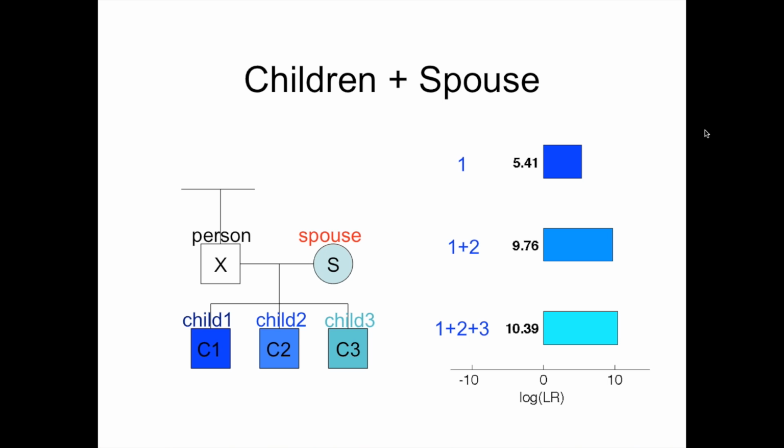Now, what happens when we add a spouse? When a spouse is added, there's more likelihood information. Without the spouse, we only have information from 1 parent, but with the spouse, we have information from both the unknown person's position X and their parents, which in this case is the population, together with the spouse information, and that gives a much more definite likelihood function for inferring the children, and therefore, when you put it all together, there's more data for determining the genotype X, what is the genotype distribution of the missing person.